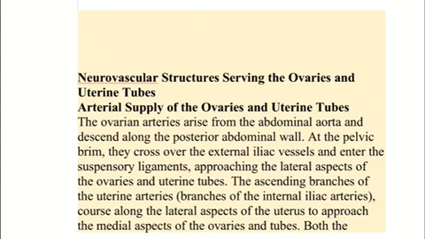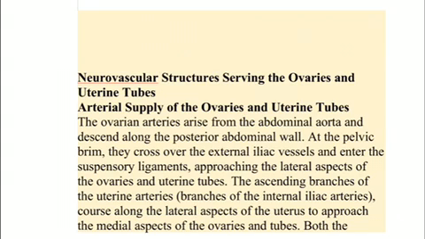The ascending branches of the uterine arteries are actually branches of the internal iliac arteries, and they course along the lateral aspect of the uterus to approach the medial aspects of the ovaries and uterine tubes.